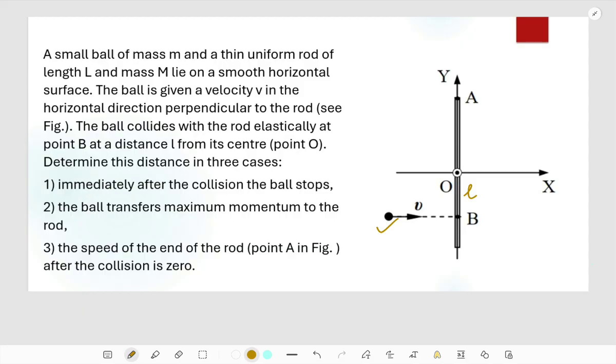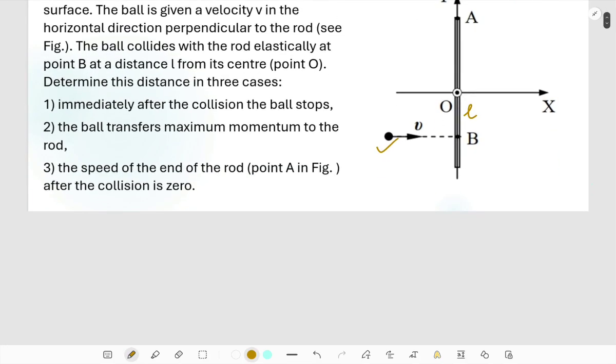For the conservation of momentum, I would like to write this conservation law for its projection on the x-axis. So I would like to write here: mv equals mv' plus mv''.